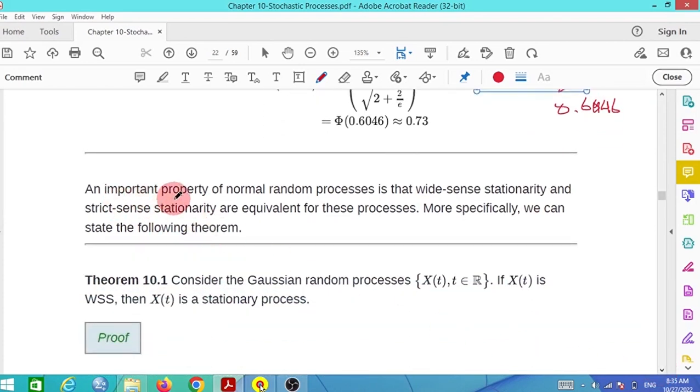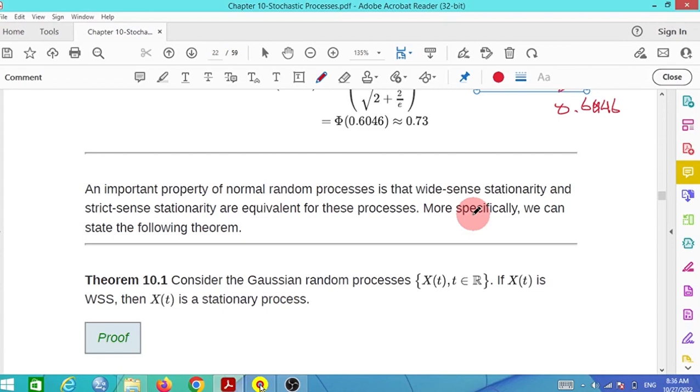An important property of normal random processes is that wide sense stationary and strict sense stationary are equivalent for this process. It means that if the random process is Gaussian, wide sense stationary and strictly stationary are equivalent.